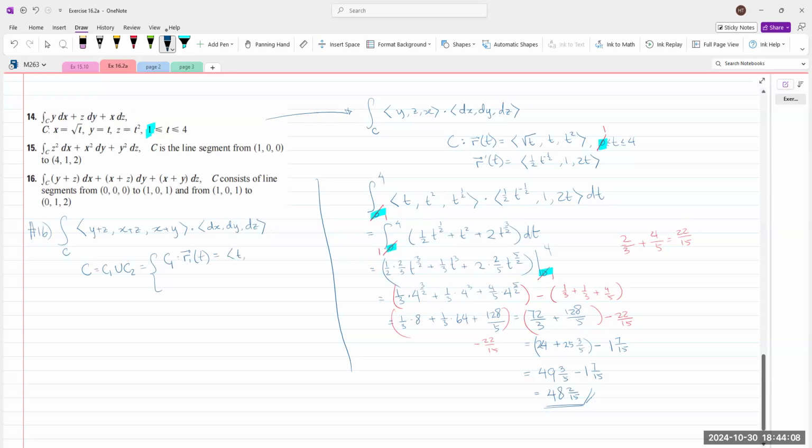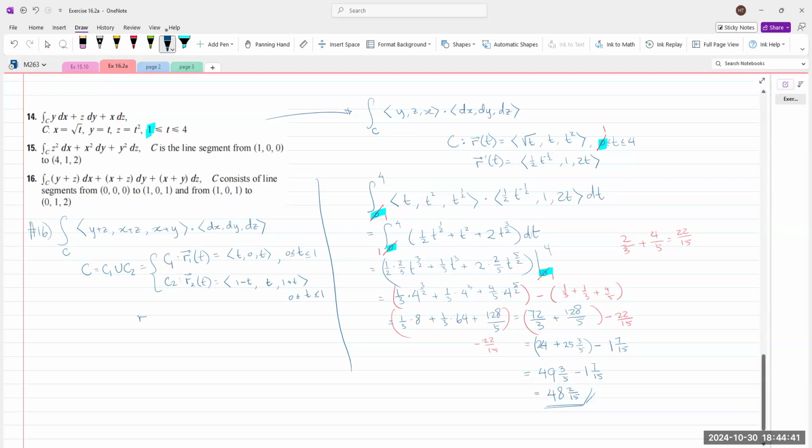So that will be (t, 0, t), where t is from 0 to 1. And then C2 will be from (1, 0, 1) to (0, 1, 2), with t again from 0 to 1. Wow, there will be a lot of substitution.